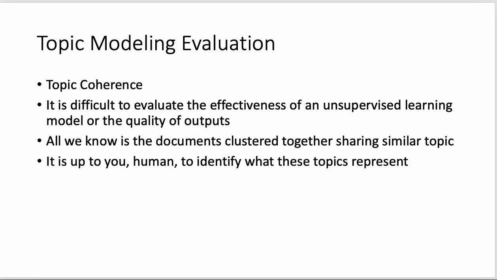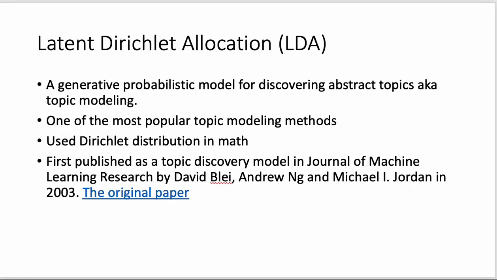So it's up to the human user to identify what these topics actually represent. So again, with these unsupervised learning algorithms, there's not really a good way to evaluate how well they did because we never really had a right answer to begin with. We just attempt to discover the cluster of similar documents grouped together, hopefully by some sort of topic.